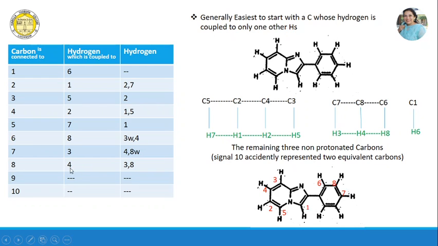Hydrogen number 4 is then linked to carbon number 8, so I write carbon number 8. Let me now look at hydrogen number 4. It has on one side hydrogen 3 and on the other side hydrogen 8. So that is what I have written. And then hydrogen 8 is linked to carbon number 6. So this is the second unit which I have made. And the carbon here is linked to hydrogen 6. So this is the entire structure in front of us.